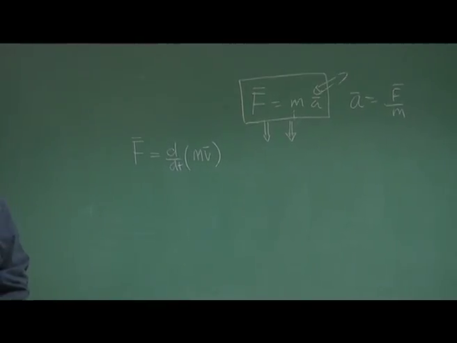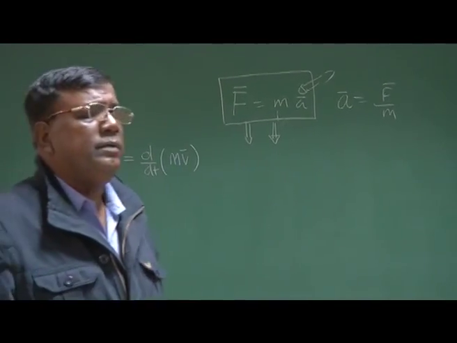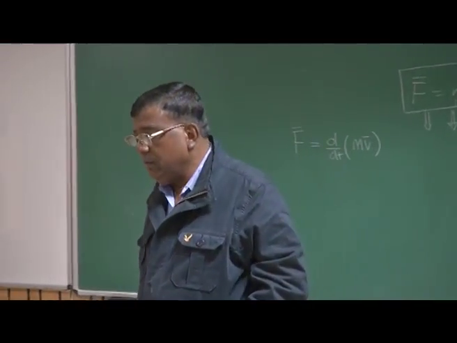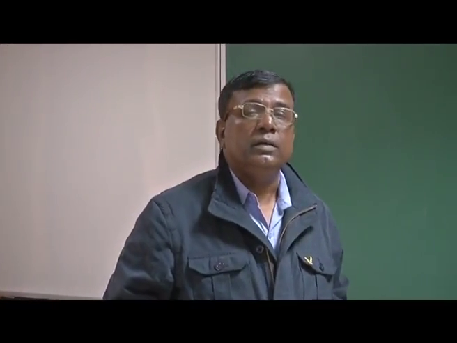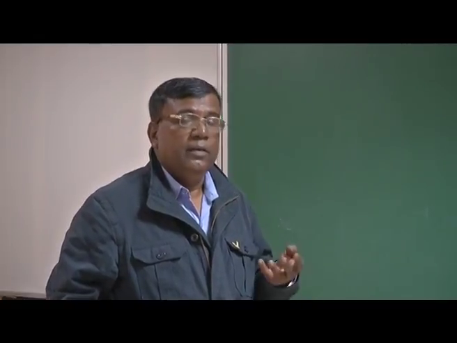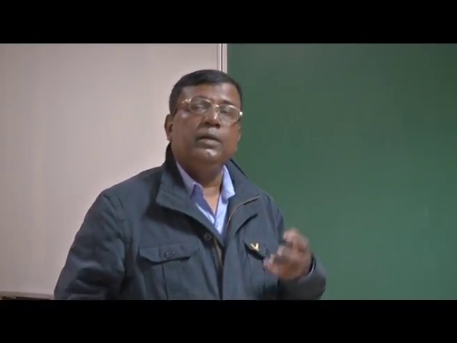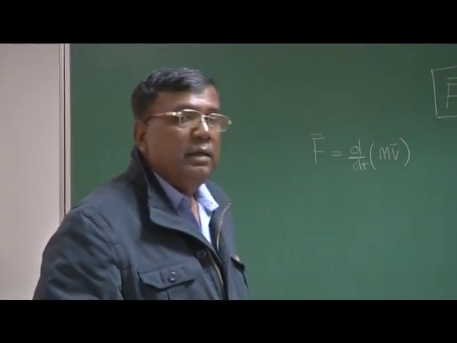How to define linear momentum? Immediately the answer comes, linear momentum is m into v. But I would like you to think in terms of a little more philosophical definition. When I say mv, I interpret this as the quantity of motion contained in a body. Like v is meter per second, right? m into v is, I will think of it as the quantity of motion contained in a body.